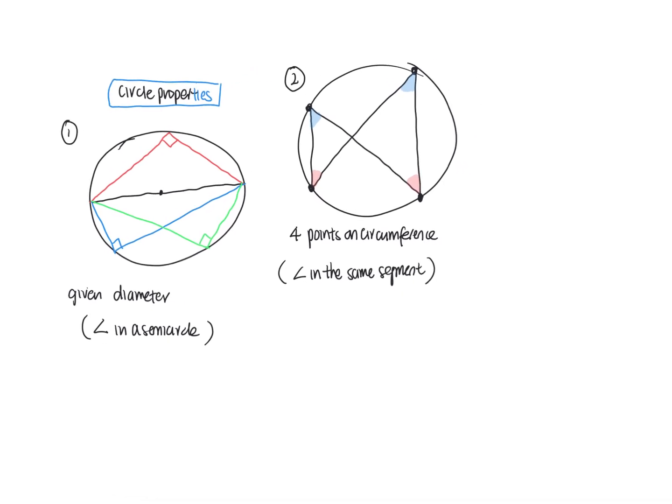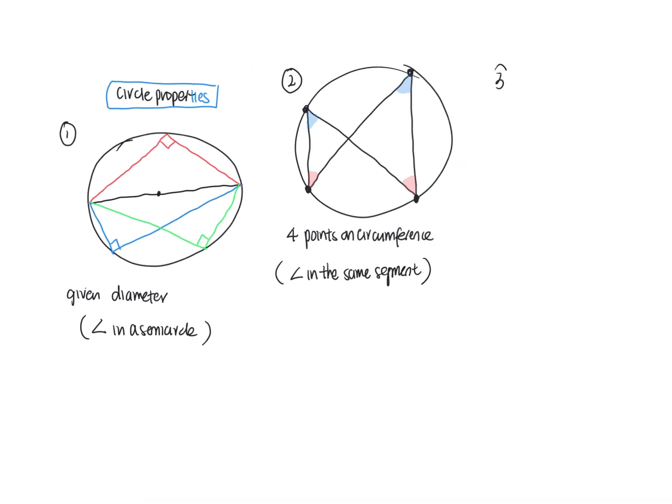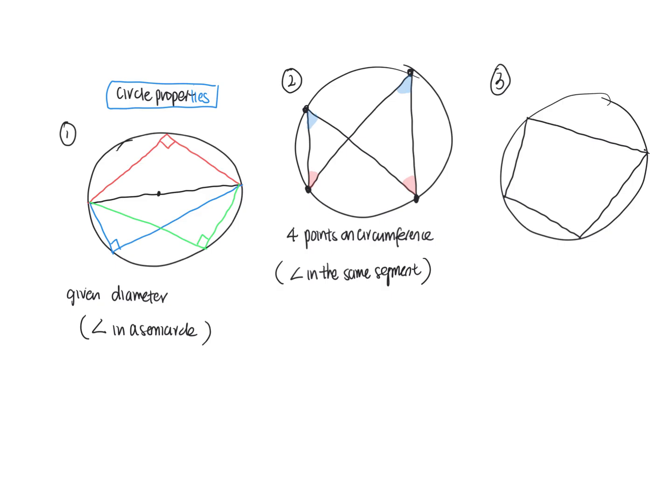Next one is of course your quadrilateral. That means also 4 points on the circumference. It doesn't matter how the shape looks, it's just a 4-sided figure. All 4 points must be on the circumference. This one is important.